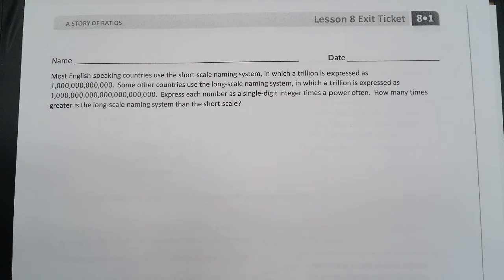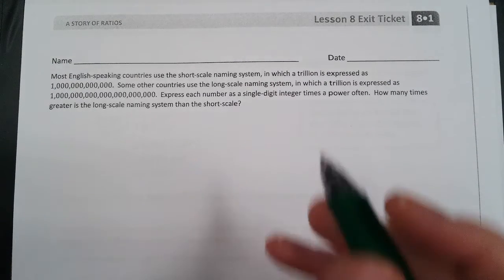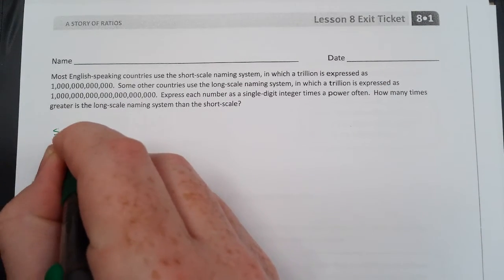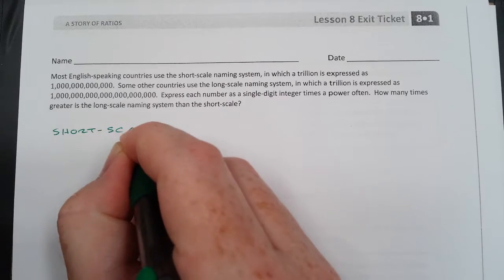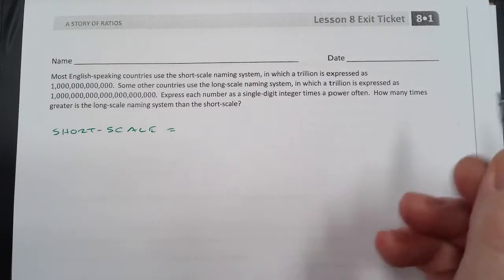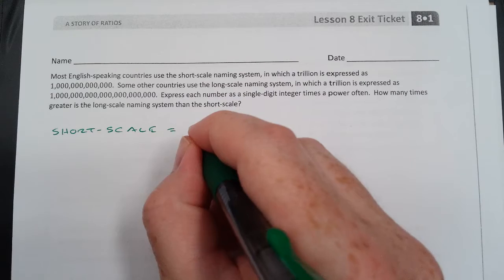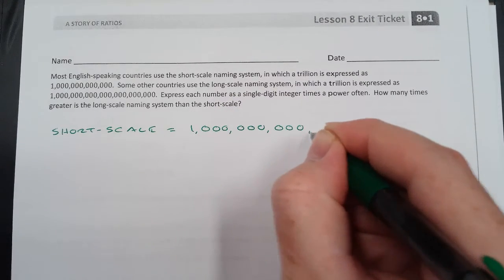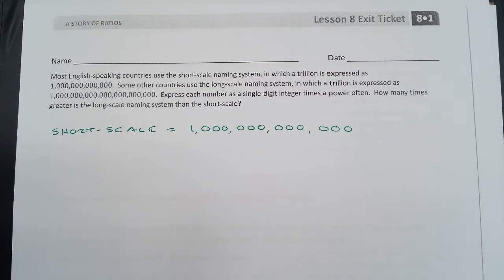Most English-speaking countries use the short scale naming system, where a trillion looks like this. So in the short scale, like the United States uses the short scale, this is a trillion.